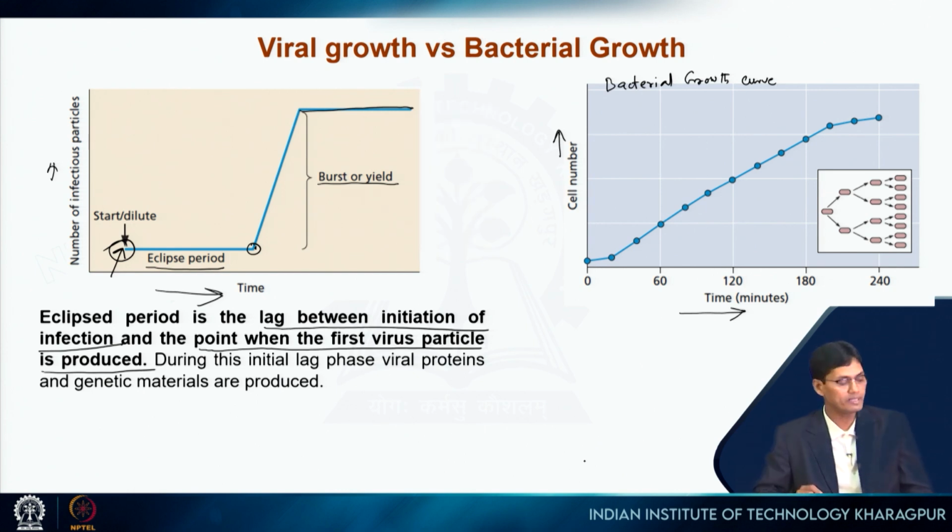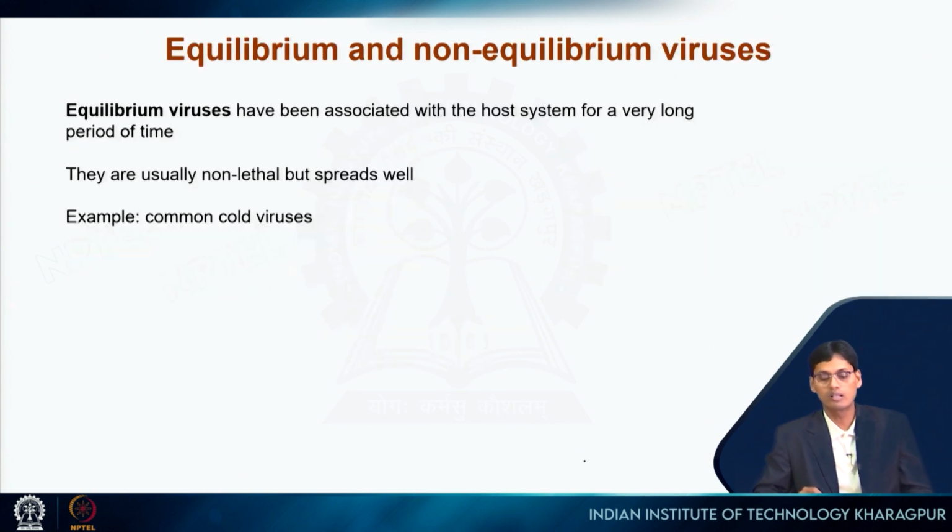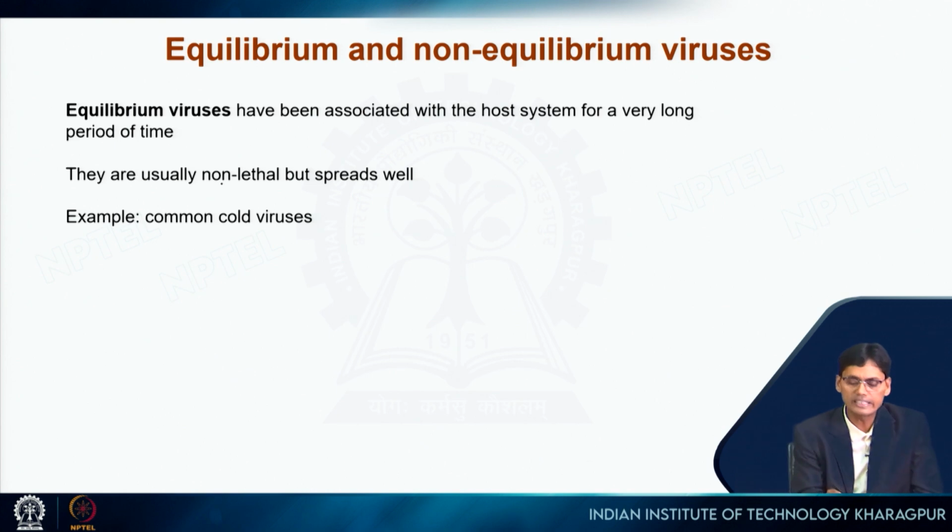Okay, now I will explain equilibrium and non-equilibrium viruses. Equilibrium viruses have been associated with the host system for a very long period of time, so they are usually non-lethal. That means they can cause some disease, but it is mild, so the host will not die.